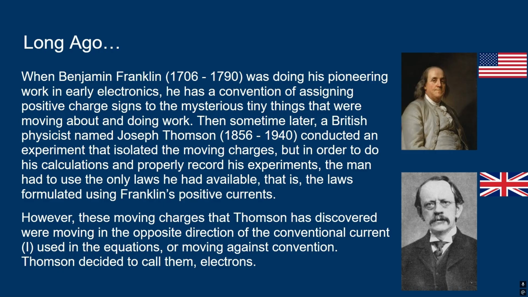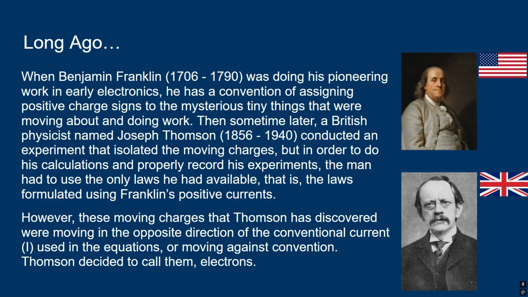But then sometime later, a British physicist named Joseph Thomson, who walked the Earth from 1856 to 1940, conducted an experiment that isolated the moving charges. But in order to do his calculations and properly record his experiments, the man had to use the only laws that he had available, that is, the laws that were formulated by the American scientist Benjamin Franklin. So the laws were formulated using Franklin's positive currents.